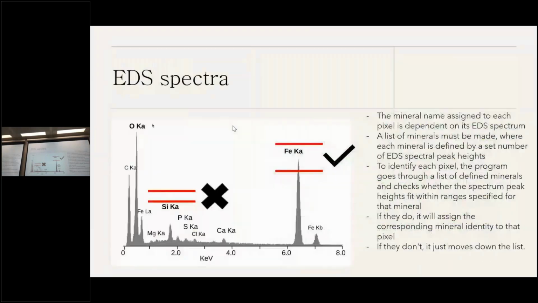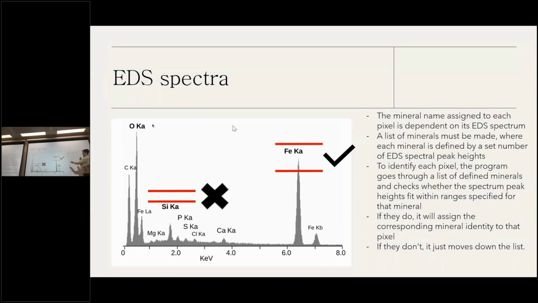Basically, how that works is it's kind of a checklist of minerals that you give to the program. So you say the first mineral on your list, you have a range of spectral peak heights that you've specified for this specific mineral, and when the program is identifying that specific pixel, it looks at the first entry on the list and it checks all of the elements that you've specified for it, whether the spectral peak heights are within the range.